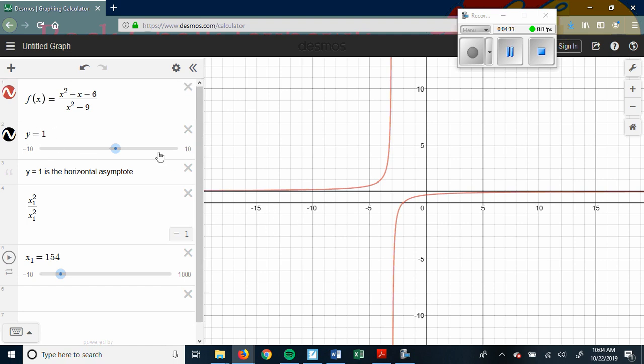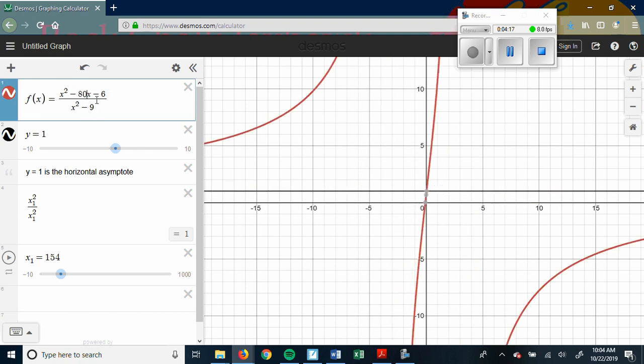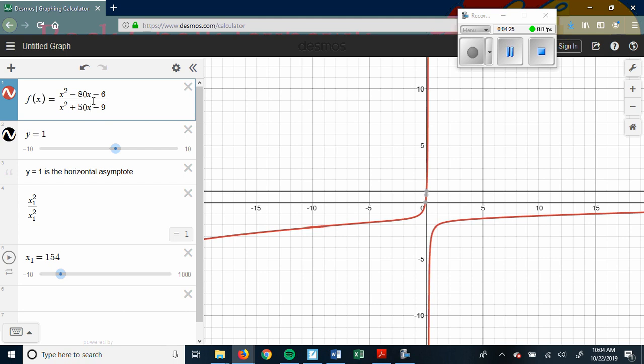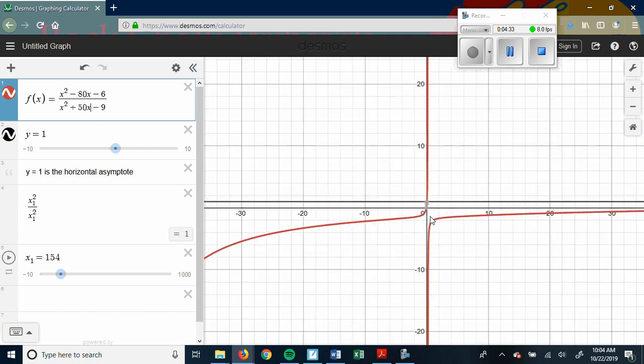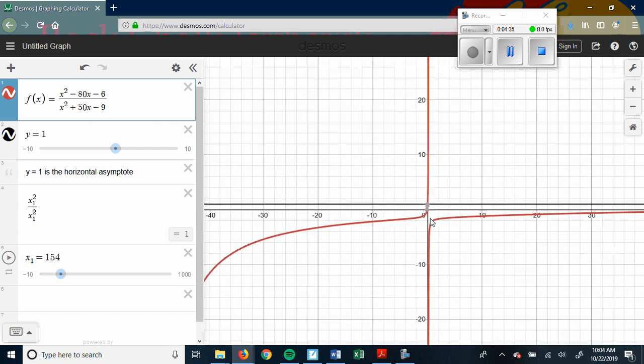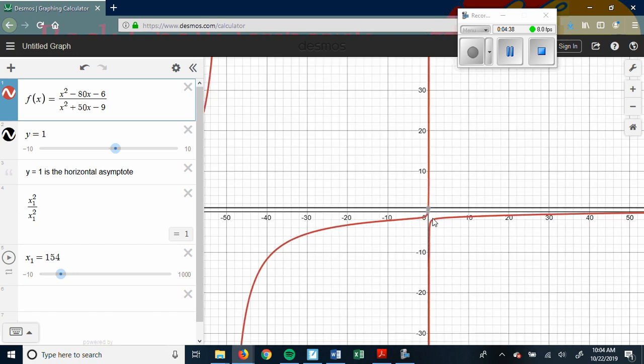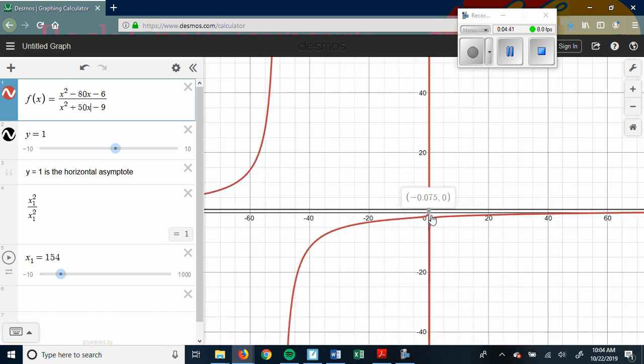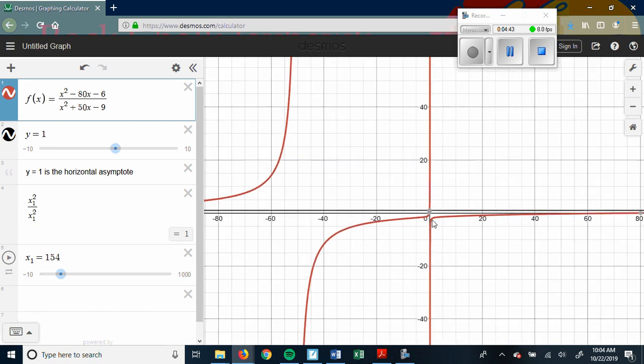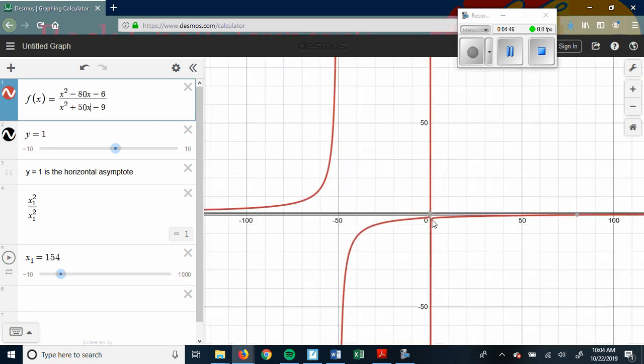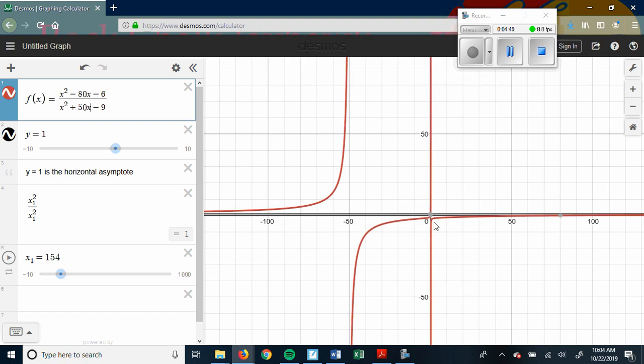Let's adjust this a little bit. Let's put 80 there, and let's put plus 50x here, minus 9. Now weird things kind of happen in the middle when I put those bigger numbers there, but notice as my x gets big, the horizontal asymptote is still the same.